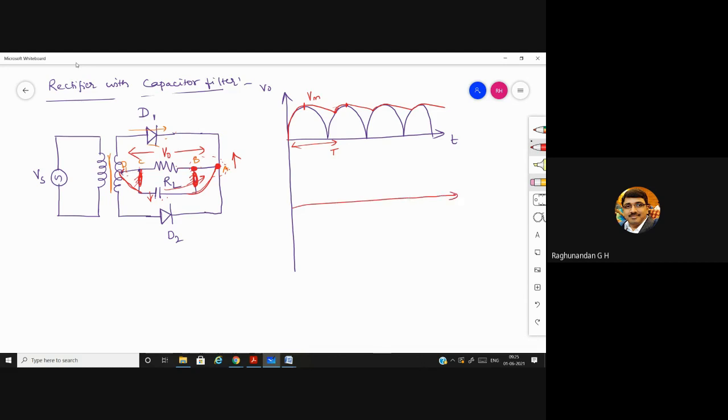If we look into the capacitor voltage, we can observe that we are going to get the output like this. Now you just look into this. Is it very close to a DC signal? Yes. Okay, so this is how we remove the ripples. That means AC components are removed.